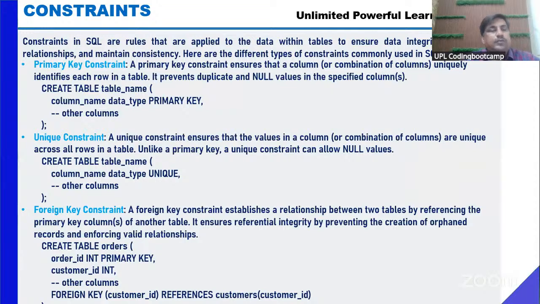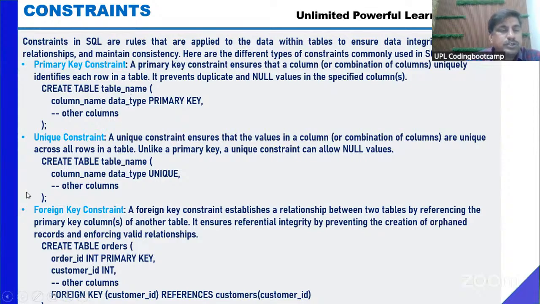So finally, what we have understood is that constraints are rules by which the table structure can be defined. The first one is the primary key constraint, which means the column is unique and not null. The syntax is create table, table name, column name, data type, primary key.